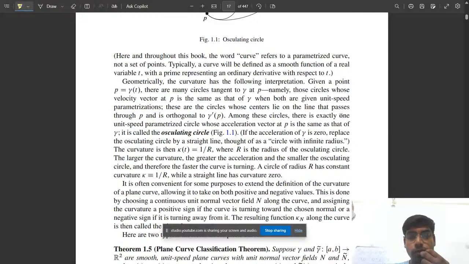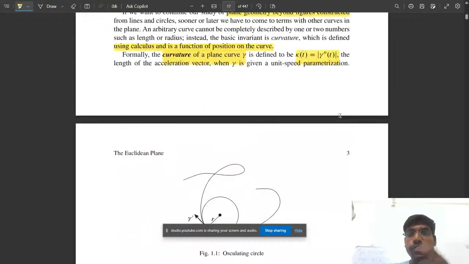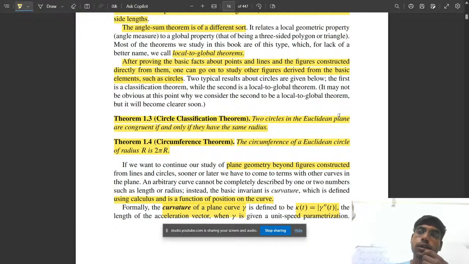So those are the basic motivations for studying Riemannian geometry, and we have started with curvature in the Euclidean plane. Basically, this much is the motivation for doing Riemannian geometry.